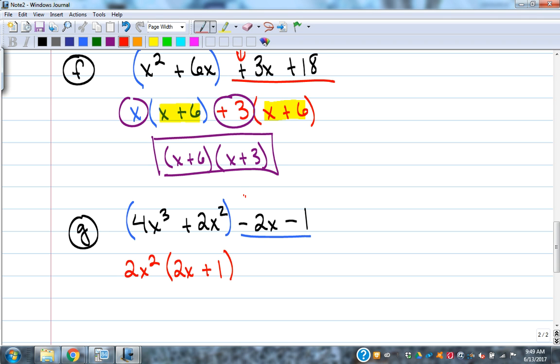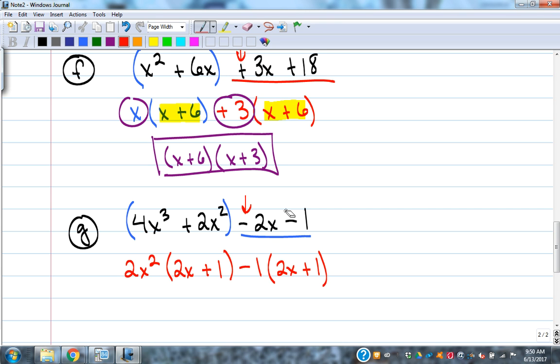And then because this is a minus sign, it's going to be a negative 1. And this is where you've got to be kind of clever and say, what times negative 1 gets me negative 2x? Positive 2x. What times negative 1 gets me negative 1? Positive 1.